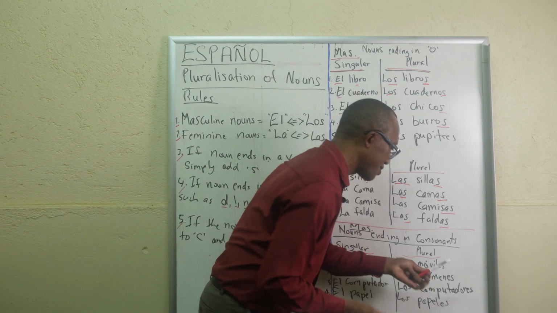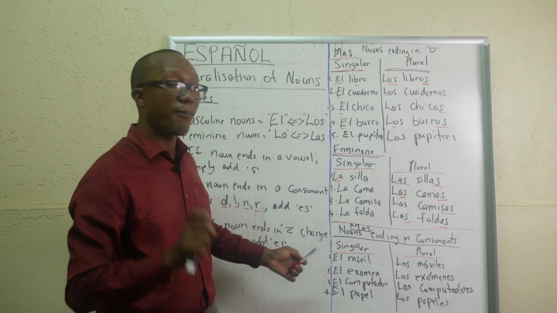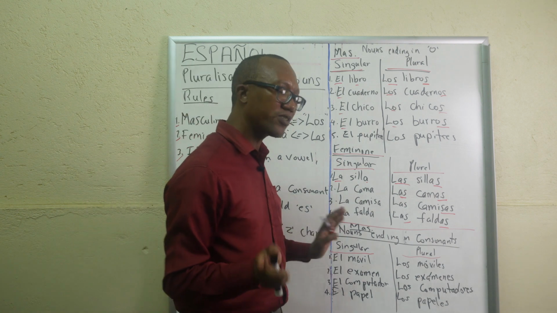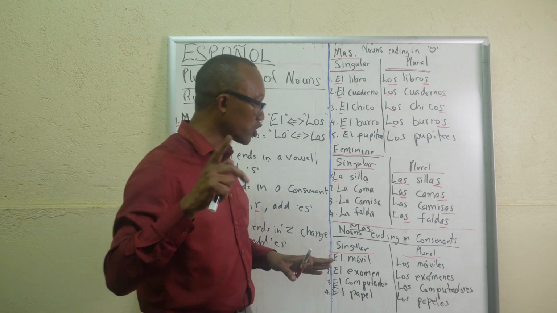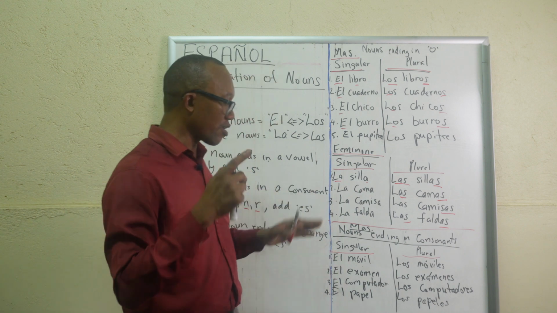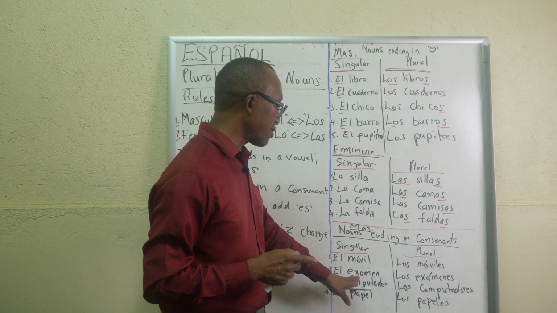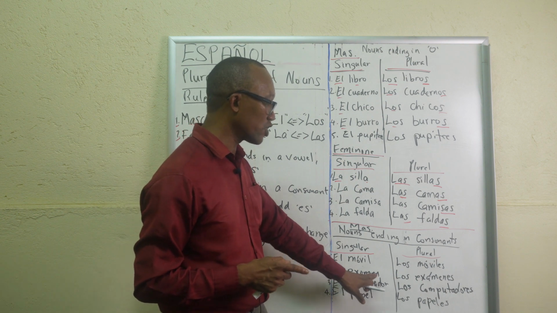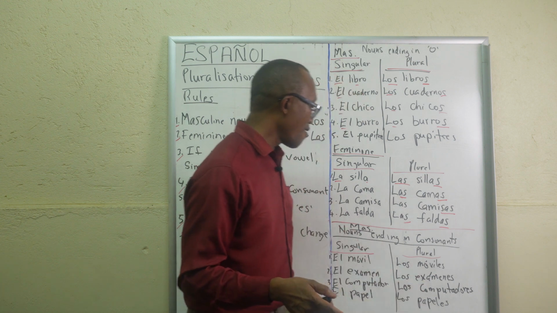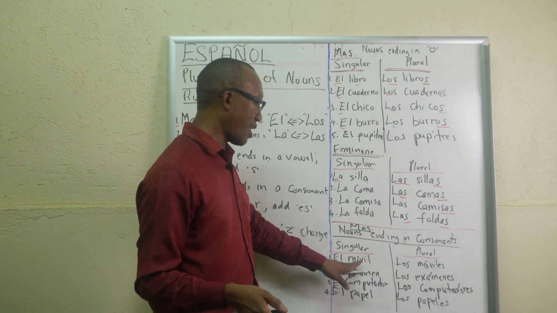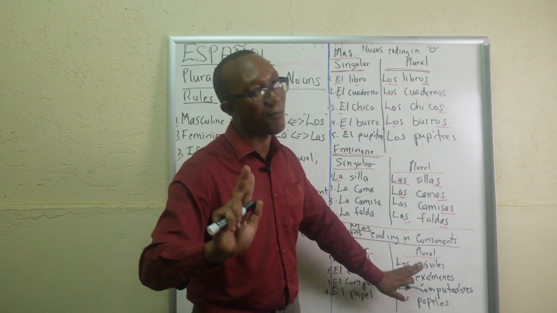So that's a little difference. Sometimes the noun will lose its accent when it changes from one to the other. So in this case, examen doesn't have an accent, but when it changes to plural, it takes on an accent. Los exámenes versus el móvil, where the accent remains, and in the plural form, it remains. Los móviles.